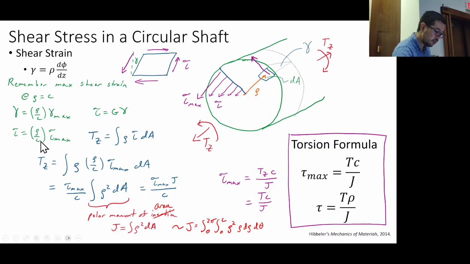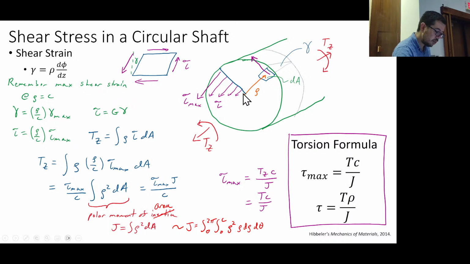So this is saying that the shear stress is going to be proportional to the radius, or the rho over the radius, okay, the distance. And we can begin to draw now what a profile of shear stress would look like.